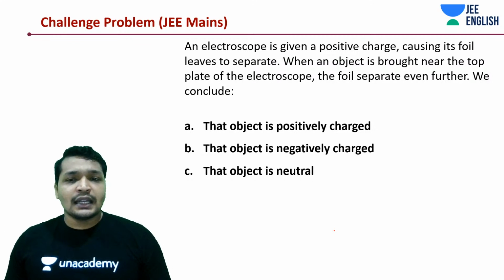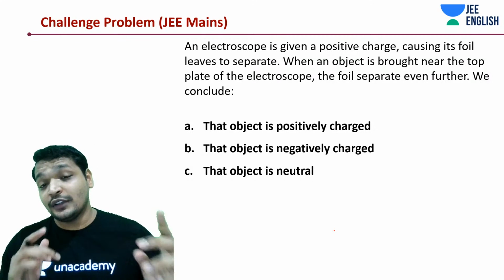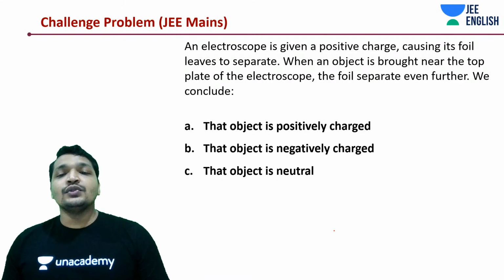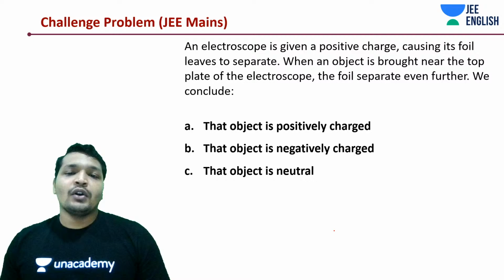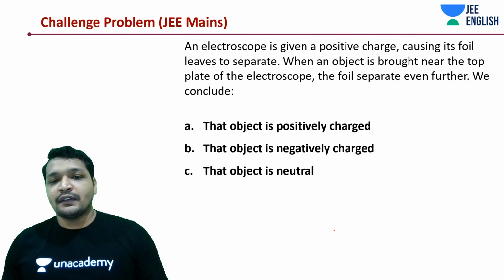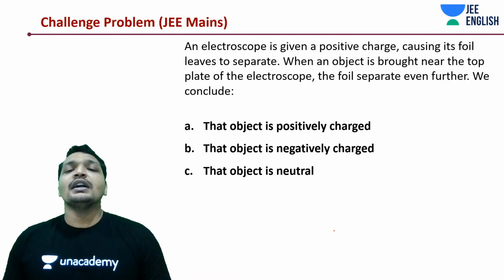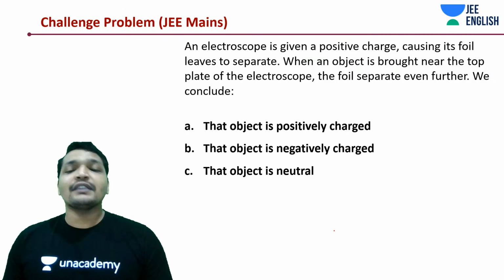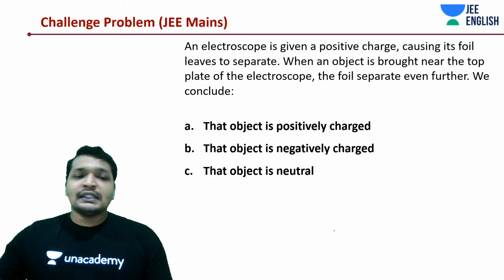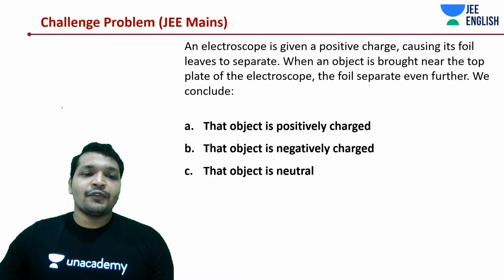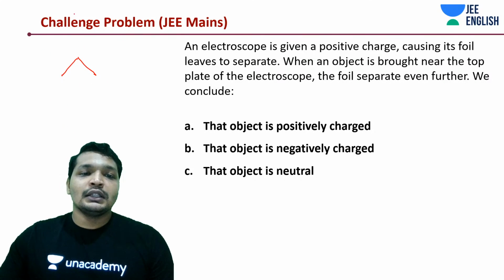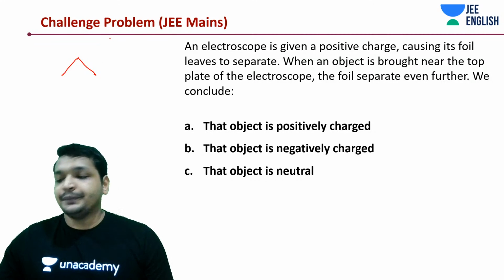And it says that an electroscope is given a positive charge, causing its foil leaves to separate. Alright, it's given a positive charge and its foil leaves have gained some positive charge and they are separated. When an object is brought near the plate of the electroscope, the foils separate even further. Something like this happened, that you have brought an object near the electroscope, and you observe that these leaves further separated.